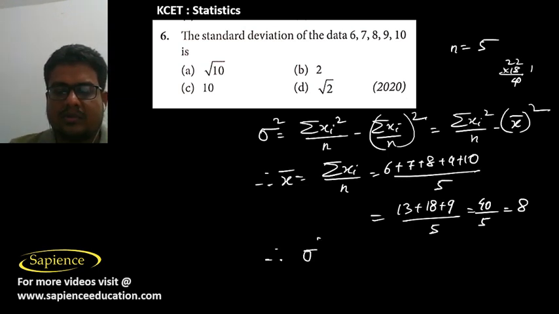Therefore, for sigma square, we then have to find summation xi square by n.